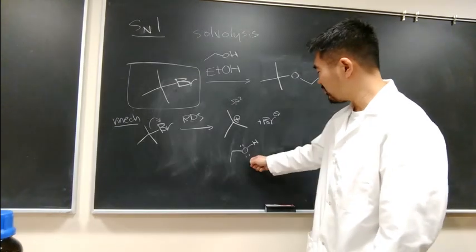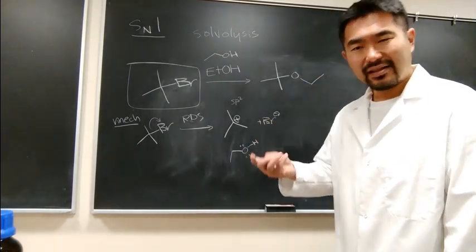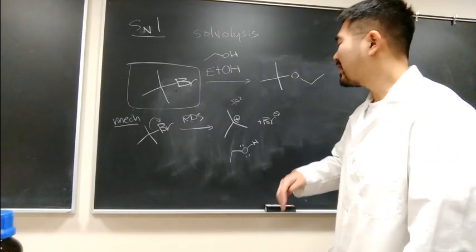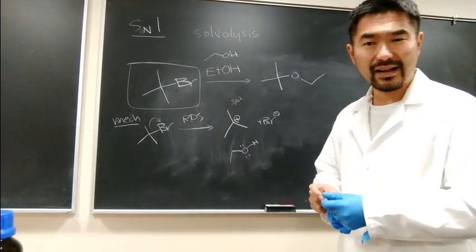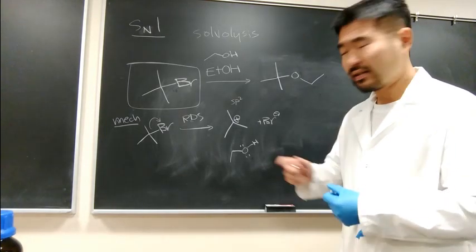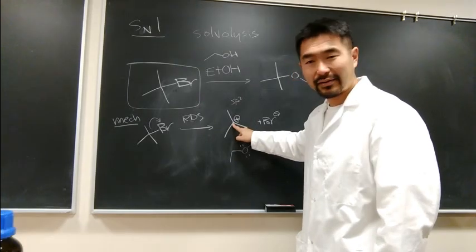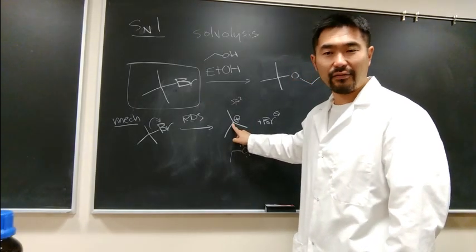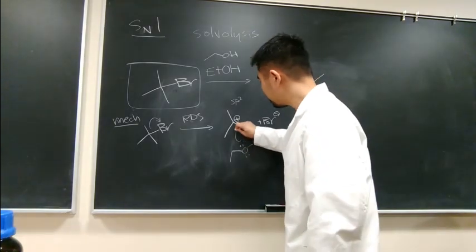It can be a nucleophile because it has lone pairs of electrons, and it's somewhat basic. But unlike something like an alkoxide with an O negative charge, this is a lot weaker of a nucleophile. But because we have such a strong electrophile in the form of a carbocation, this is able to attack that.